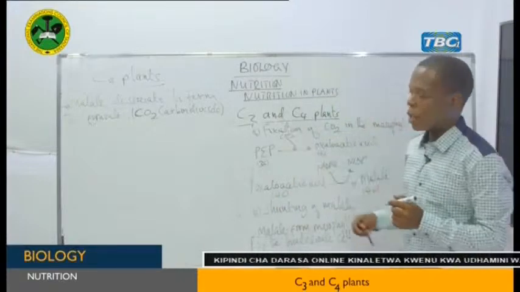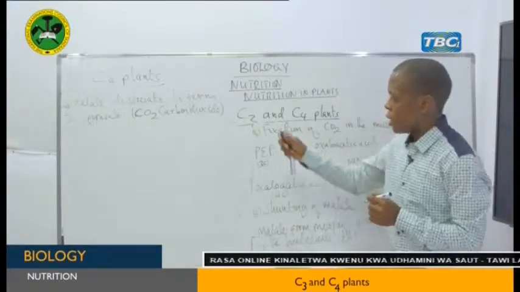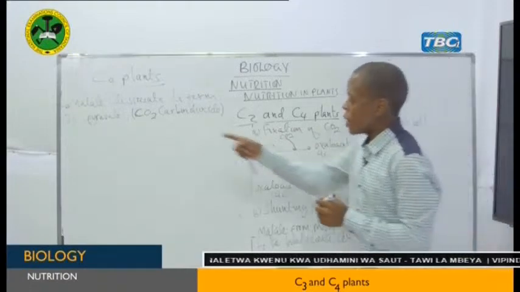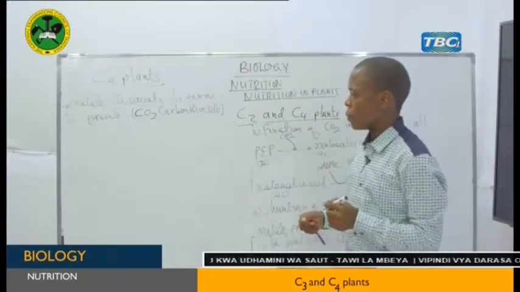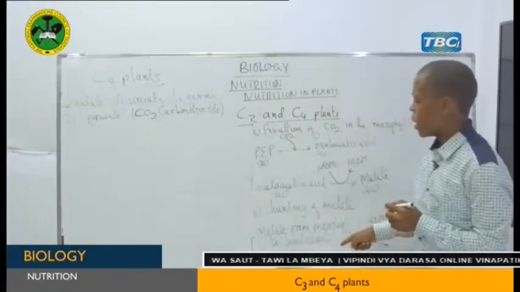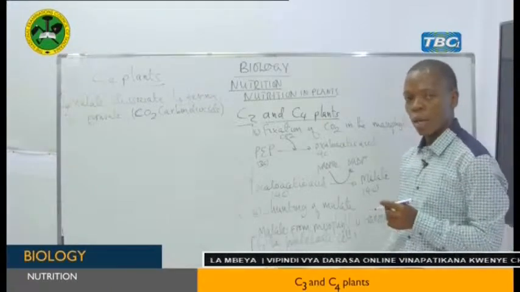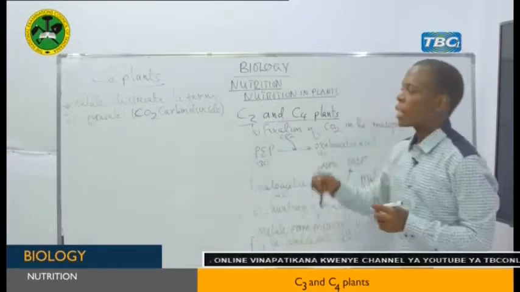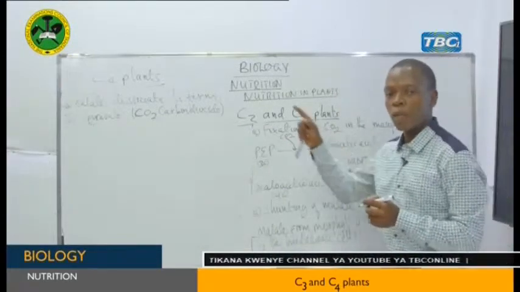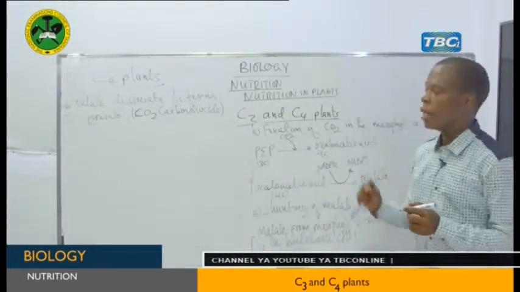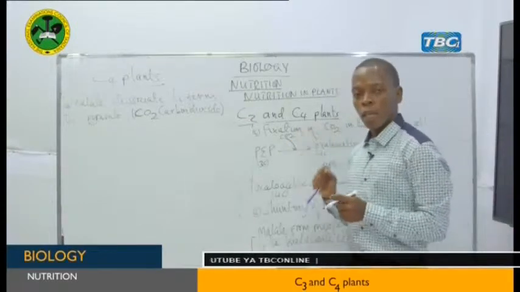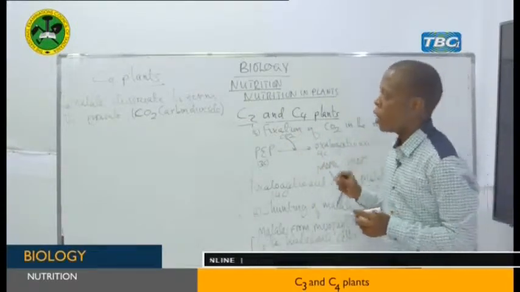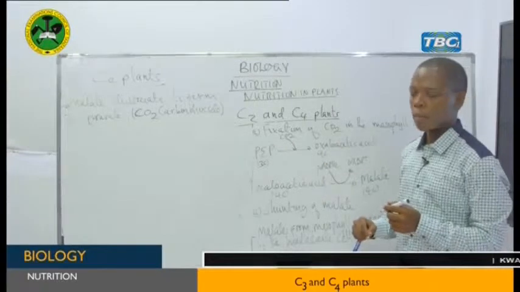Once these products are formed, the carbon dioxide is accepted by another carbon dioxide acceptor in the bundle sheath cells. We call it RuBP. But this pyruvate is transported back to the mesophyll cell so as to regenerate the so-called carbon dioxide acceptor, phosphoenol pyruvate.